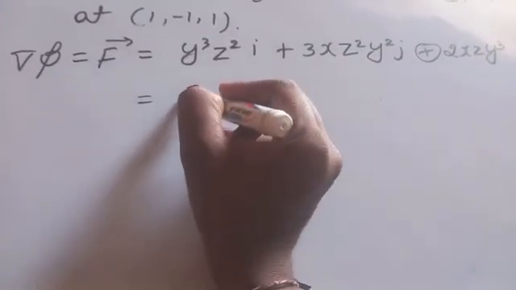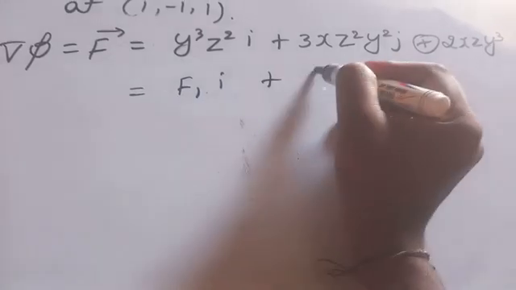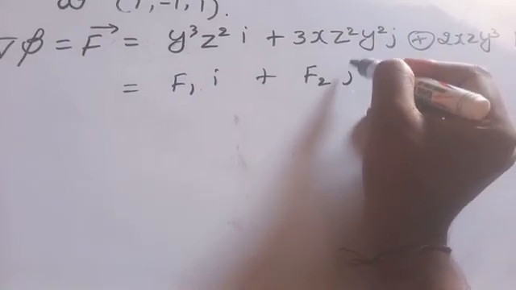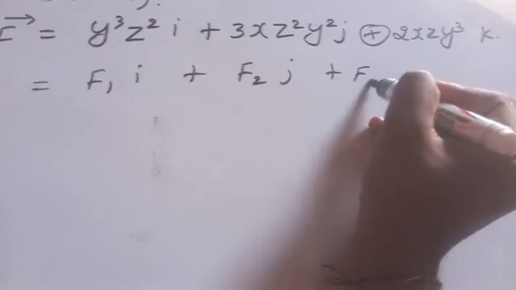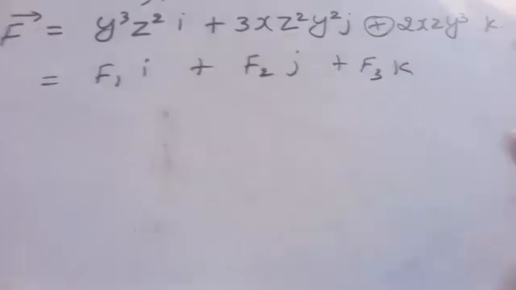So F equals del phi, with f1 equal to y cube z square, f2 equal to 3x z square y square, and f3 equal to 2x z y cube.